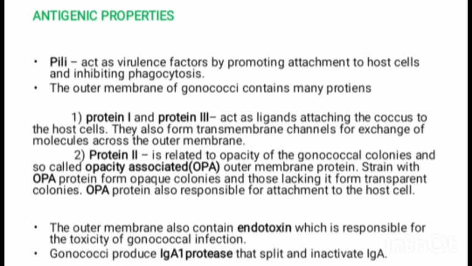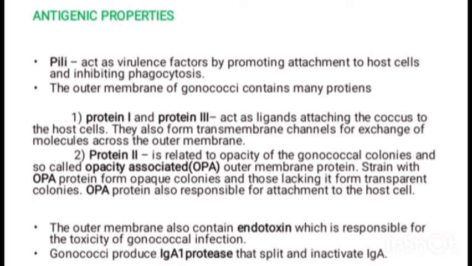And about pili, as already discussed, the pili are hair-like structures several micrometers long, which act as a virulence factor also by promoting attachment to the host cell as well as inhibiting phagocytosis. So pili is an antigenic structure as well as a virulence factor.